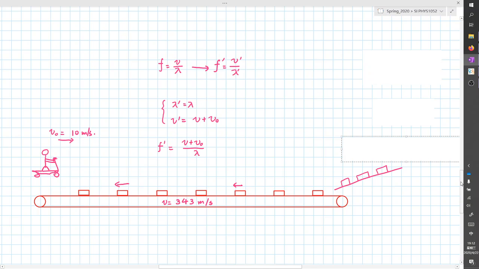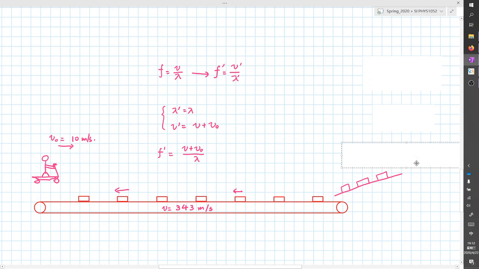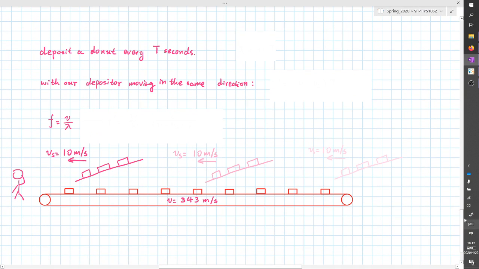This conforms with the form of the Doppler effect, that v observer goes on top of the fraction. So that's the first case, with the observer moving and the source not moving. In the second case, we look at a standing still observer and a moving source.